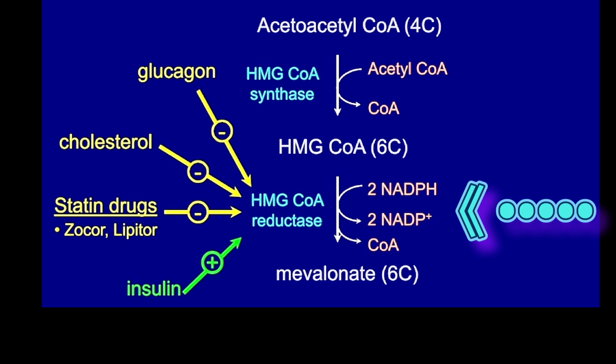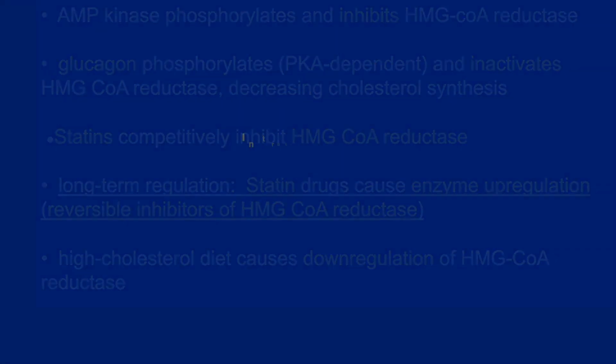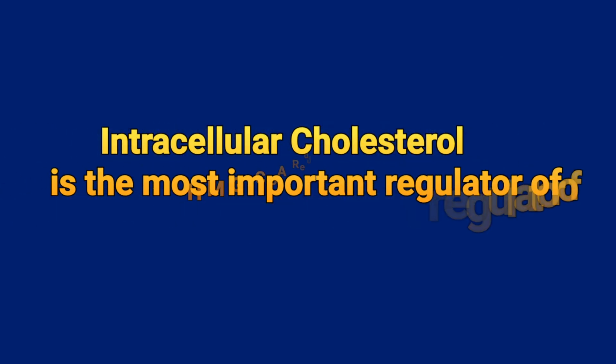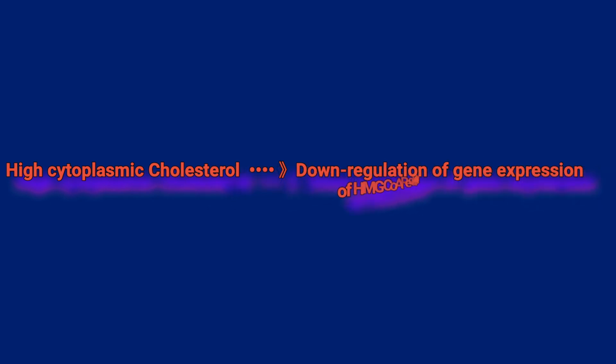HMG CoA reductase is also inhibited by mevalonic acid and cholesterol, the end product of the activity of HMG CoA reductase, as a feedback inhibitor of the enzyme. By far, intracellular cholesterol is the most important regulator of HMG CoA reductase.